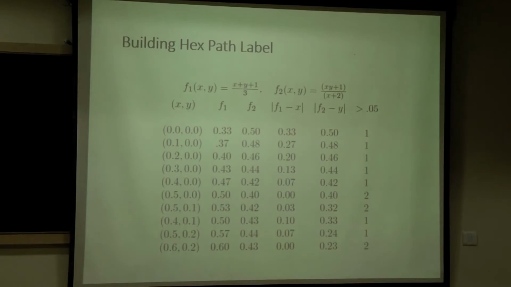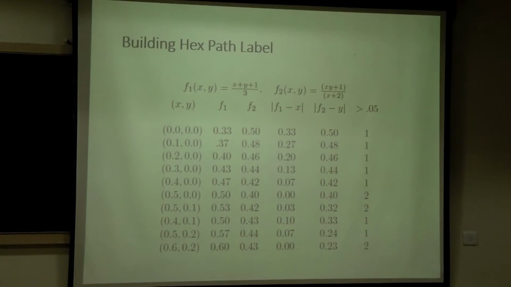I choose any point, its coordinates are between 0 and 1. Then I compute another point. What is its first coordinate? It is (x plus y plus 1) over 3. What is its second coordinate? (xy plus 1) over (x plus 2). Do you follow me?